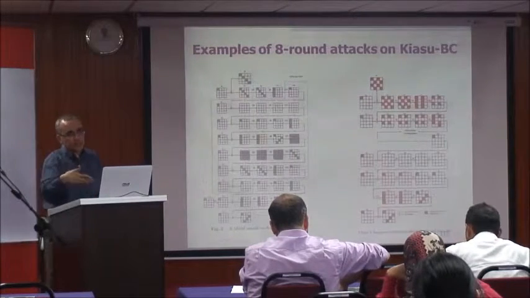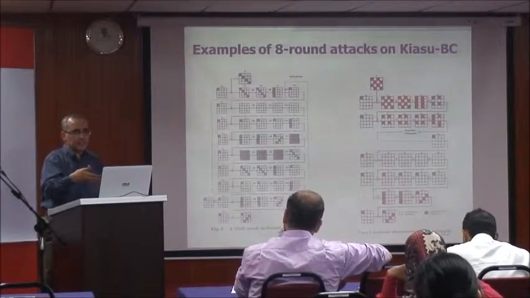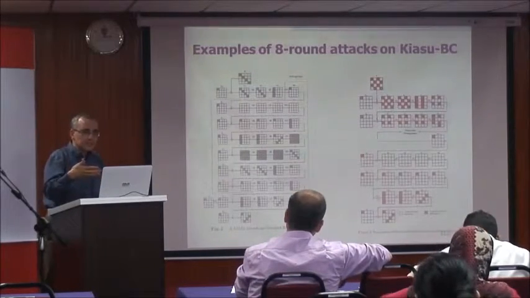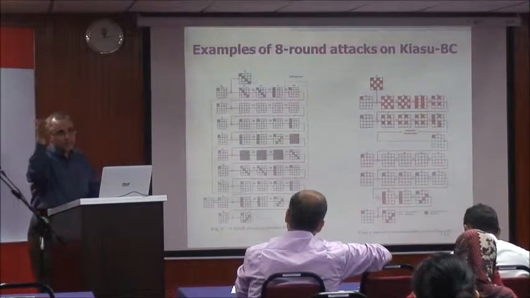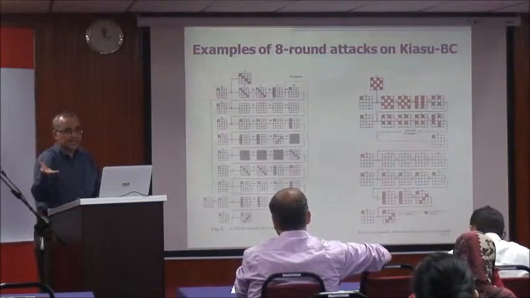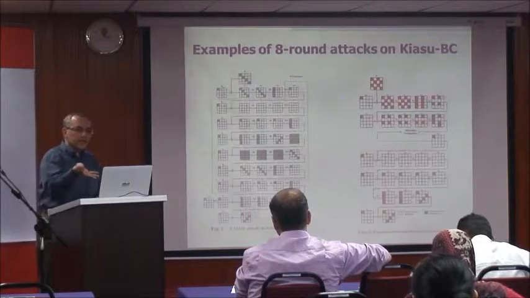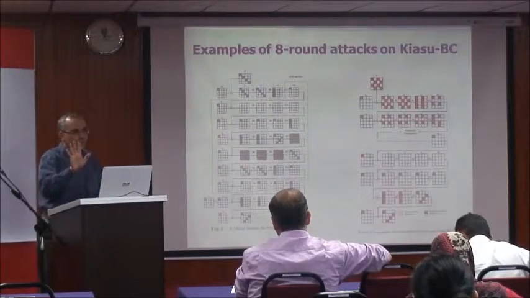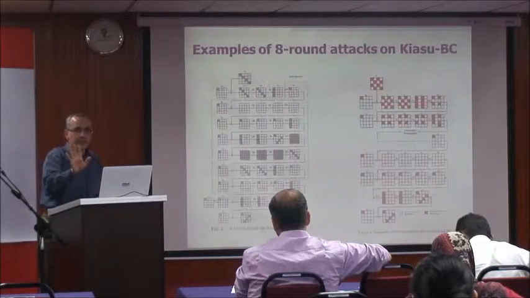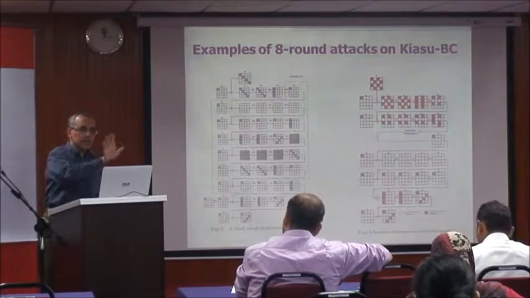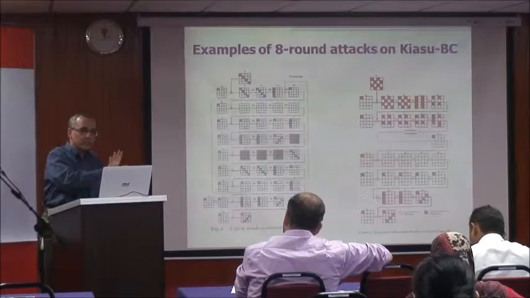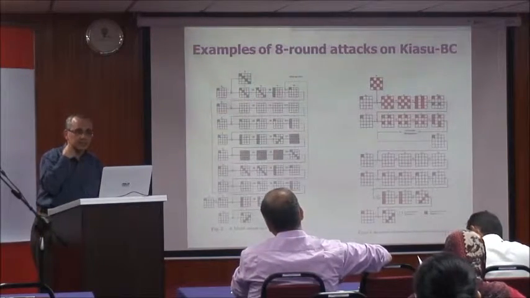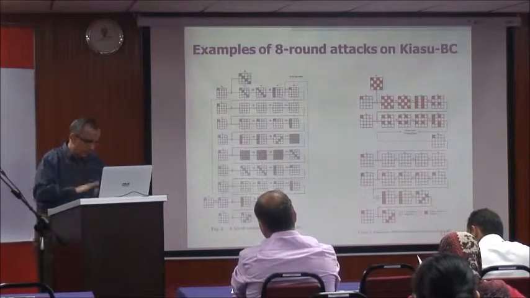I'm not going to explain the attack, but the message I'm trying to convey is that with the current cryptanalytic attacks, if you try to apply them to the existing ciphers, you're going to hit a wall, because there's not that much you can do. But if you look at the newly proposed modes of operation, you can find some room for getting new results in this area. I think I'm going to stop here.